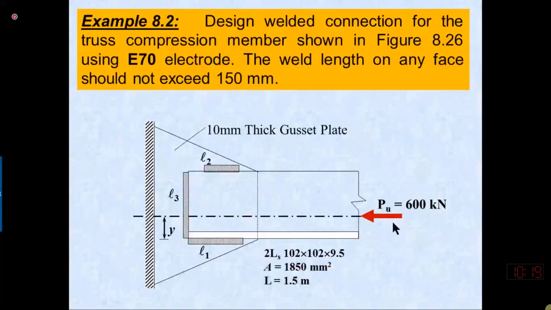It means that the design criterion for this welded connection design will be the compressive forces. So first of all, we need to understand what type of data is given. So in the design data, design the welded connection for the truss compression member as shown in the figure using E70 electrode.